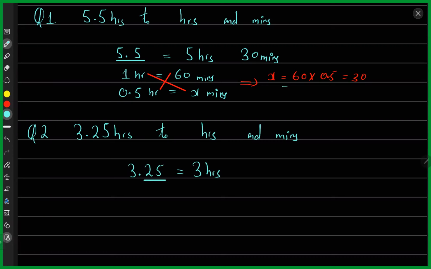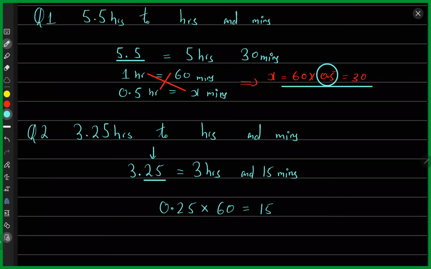How? This is going to be the idea. I am going to multiply this number every time with 60 to get the number of minutes in this much hour. So 0.25 would be multiplied with 60, and you can directly do it. This would give you 15 minutes. Okay, so 3 hours and 15 minutes.